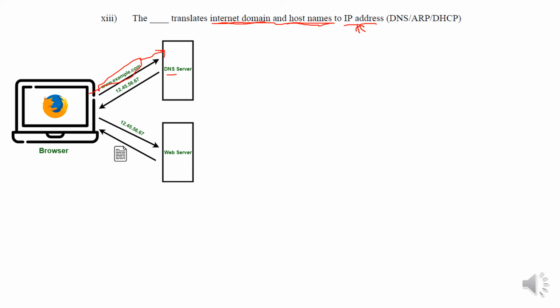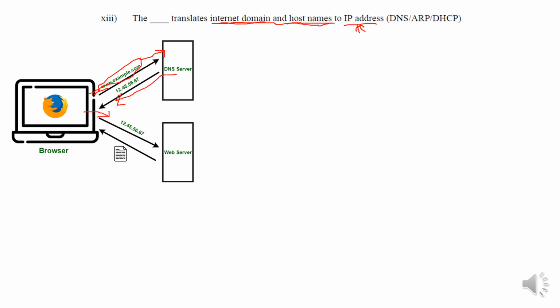The browser first sends the domain name query to the DNS server, and the DNS server returns the IP address. Then the actual request to the web server goes: the browser sends it to this IP address that is received from the DNS server.